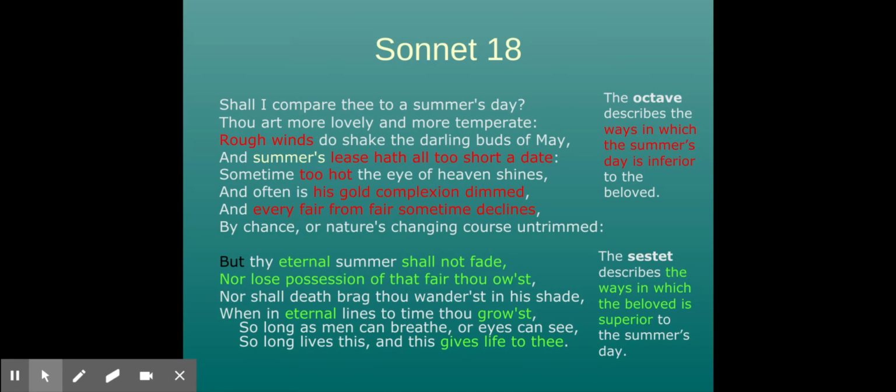He is recording this love for her and praise of her, so that anyone who reads it for centuries to come, she's going to live on through the poem. So that's where we get, "So long as men can breathe, or eyes can see, so long lives this." And this he's talking about is the poem. And he's saying this poem gives life to thee.